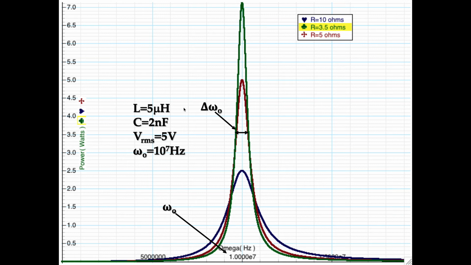And one thing we look at is called the full width at half maximum. We actually look at the width of the peak at half the maximum, because it has an important significance, it turns out. So where you see in the graph delta omega, that's how wide the graph is at half the maximum value. And that guy changes as the resistance changes.